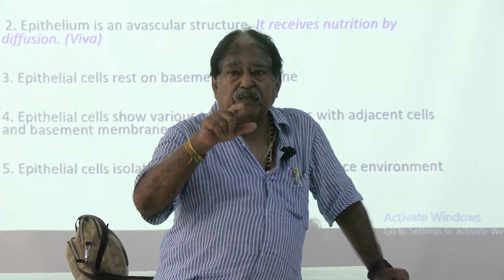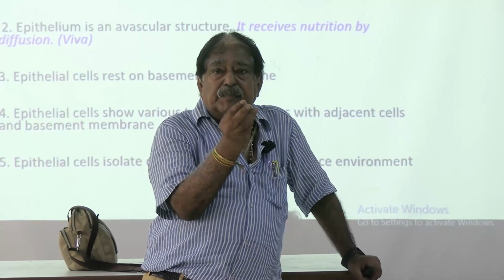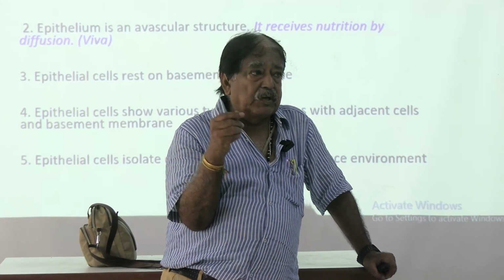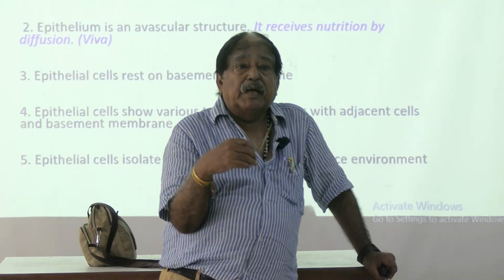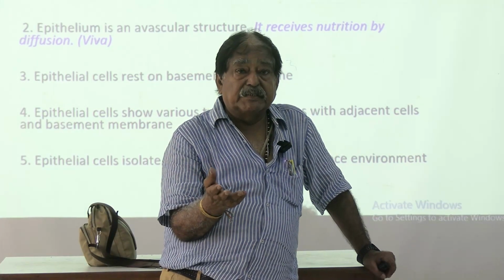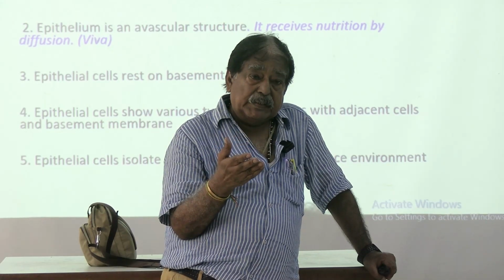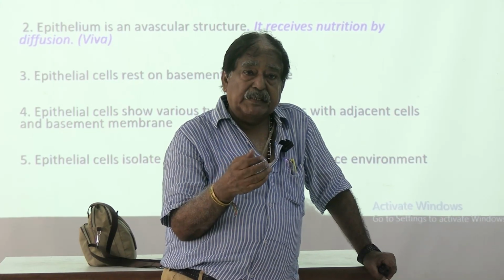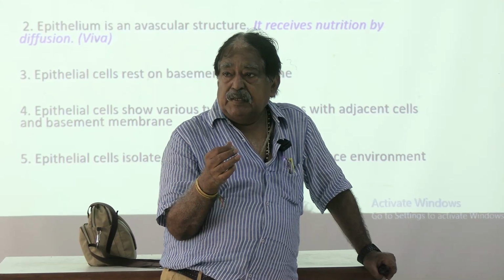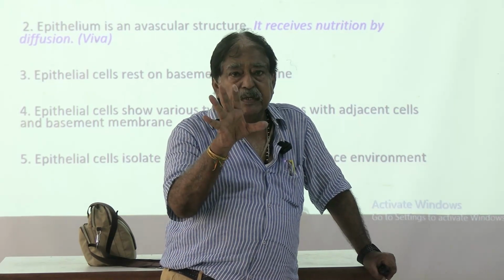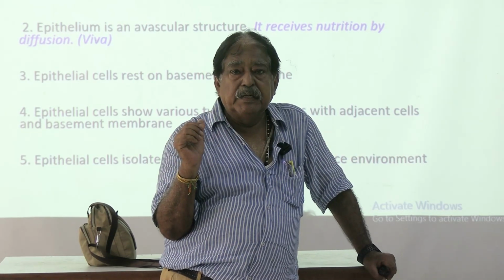If there is a layer of cells and suddenly some pathological condition occurs, it might be acute inflammation, gastritis, or malignancy, meaning cancer, then the total anatomy is distorted.